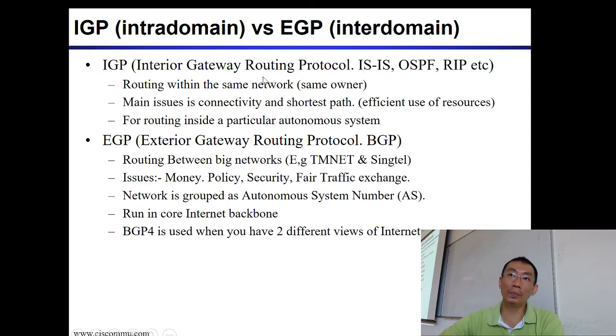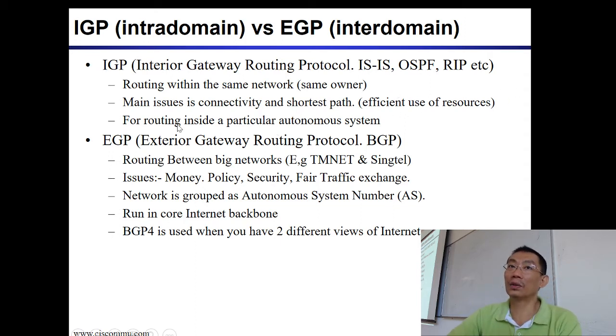For IGP, you are routing in the same network. Same network means the whole network is yours. All the routers, all the switches are yours. So the main issue is, since everything is yours, you want to make efficient use of resources.